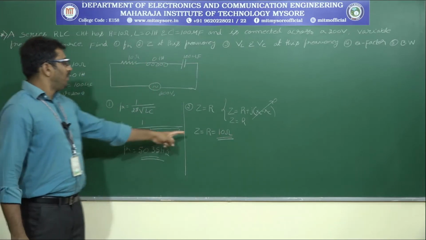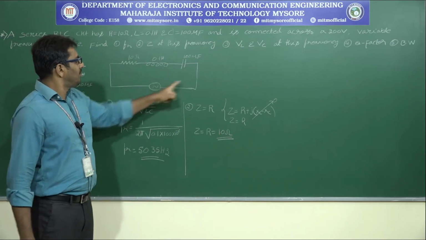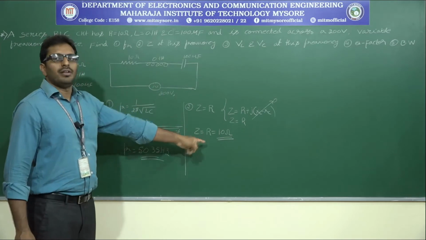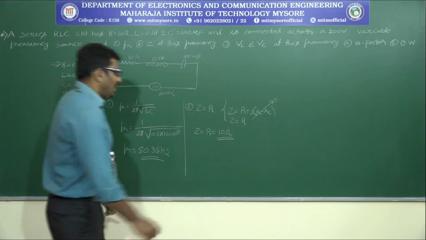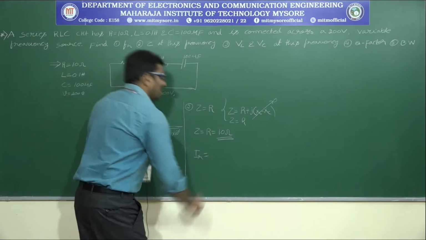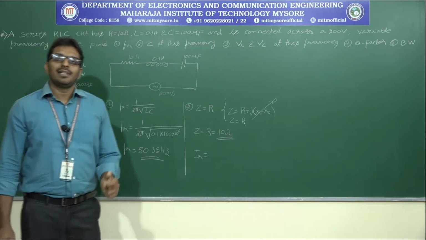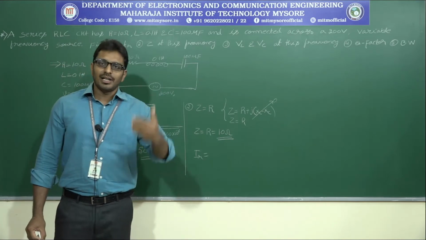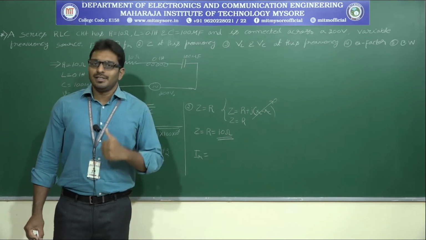If the impedance of the entire circuit is equal to 10 ohm, then what is the current? Let me represent it as IR, the resonant current. We can also call it the maximum current, because at resonant condition the current is maximum.